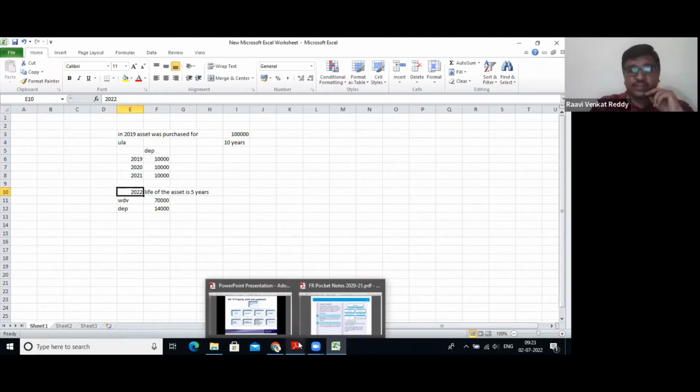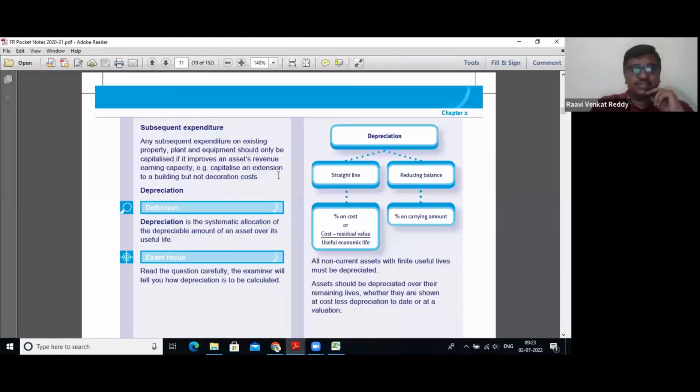So let me go back to this. Depreciation, generally we compute as per the useful life of an asset. Now let me add 2 more lines to this. Useful life is something related to the economic benefit, not the production capacity.